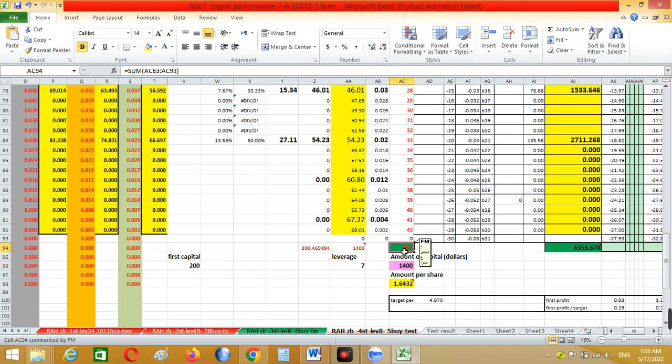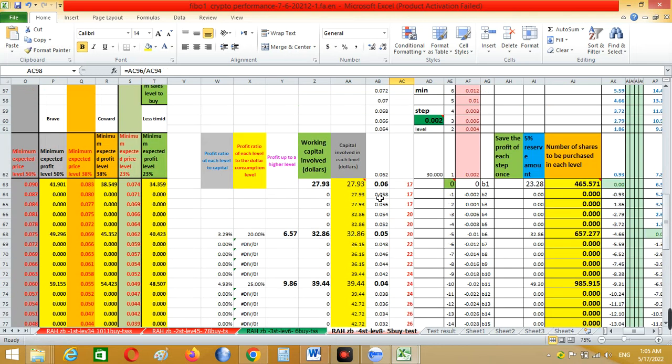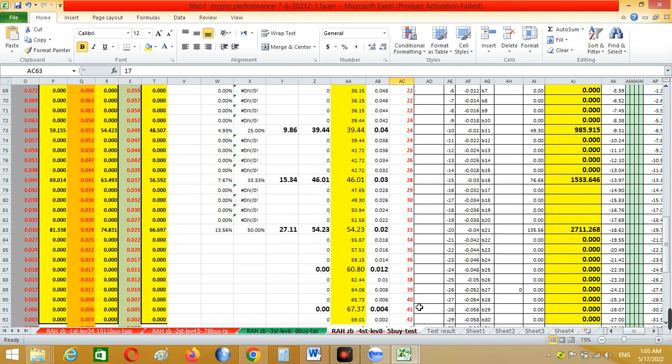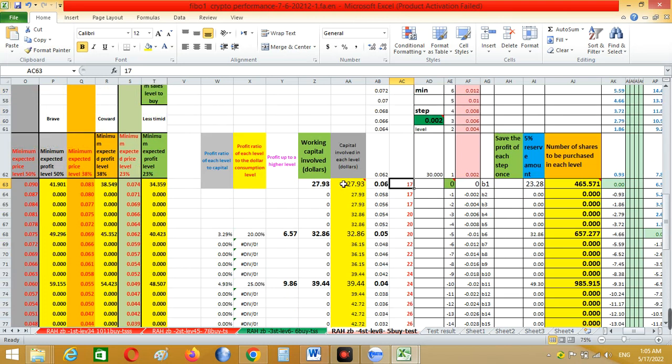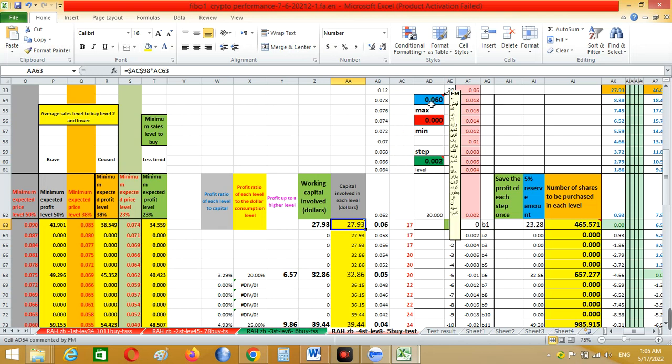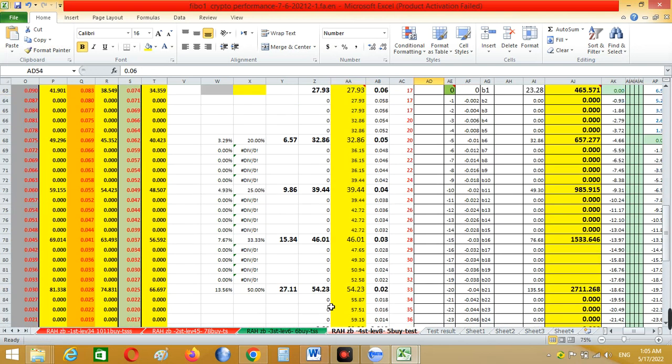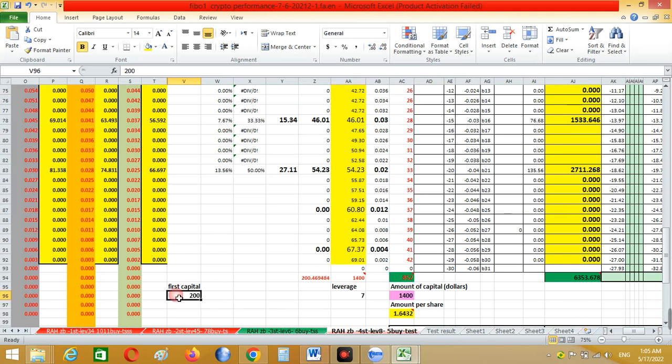This divided by this, your share equal to 1.64, so the 17 multiplied by your share equal to this amount of dollar. These are just for table calculation. You don't need to know about these coefficients. Just three things: entry price, leverage, and first capital.